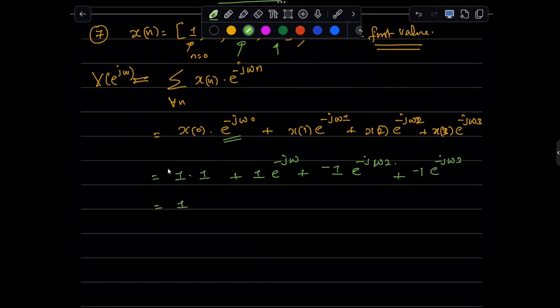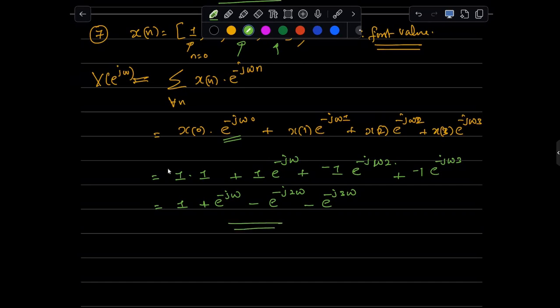So this will become 1 plus e power minus j omega minus e power minus j2 omega minus e power minus j3 omega. So this is the Fourier transform.